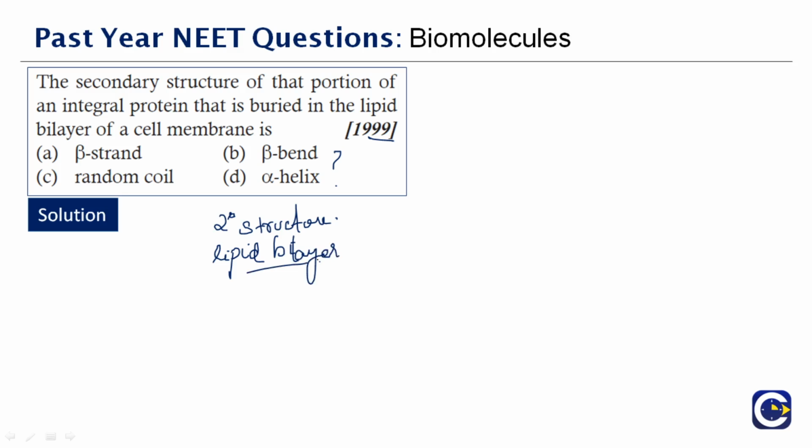Secondary structure is the development of new steric relationships amongst the amino acids through the formation of intra and interpolypeptide hydrogen bonds. You are given 4 options here: beta strand, beta bend, random coil, and alpha helix. The correct answer is alpha helix.